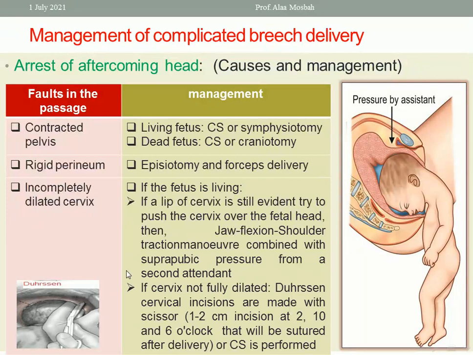Or do cesarean section and don't forget to do a midline or vertical incision, not a transverse lower uterine incision. In this case, we will do a midline or vertical incision in the uterus if we are going to do cesarean. So either do Dührssen incision, cervical incision, or do cesarean section.